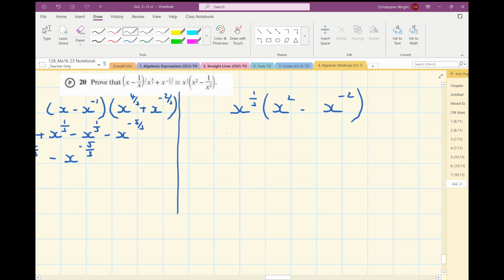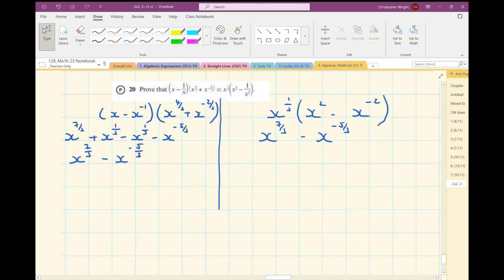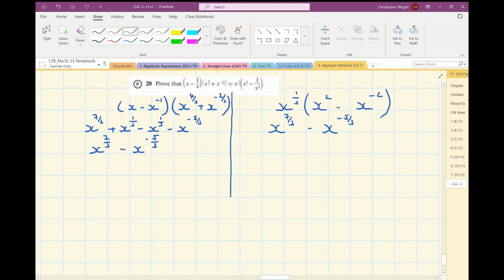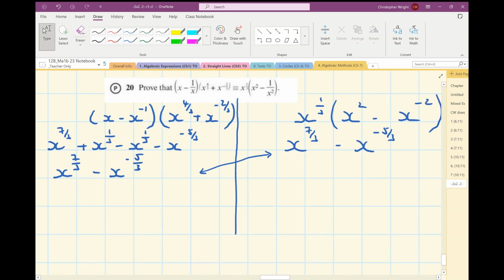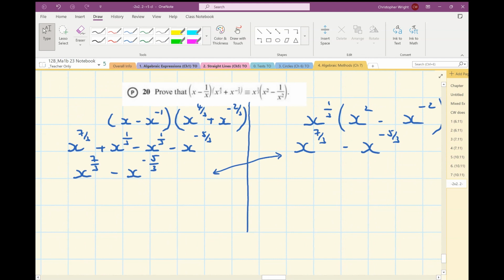So I add the indices, so x to the power of 2 and a third, that's x to the power of 7 over 3, minus x to the power of, I've got a third, add minus 2, which is going to be minus 5 over 3. And look at that, that is the same as that. So I have proved that those two expressions are indeed equal, and that's number 20 finished.